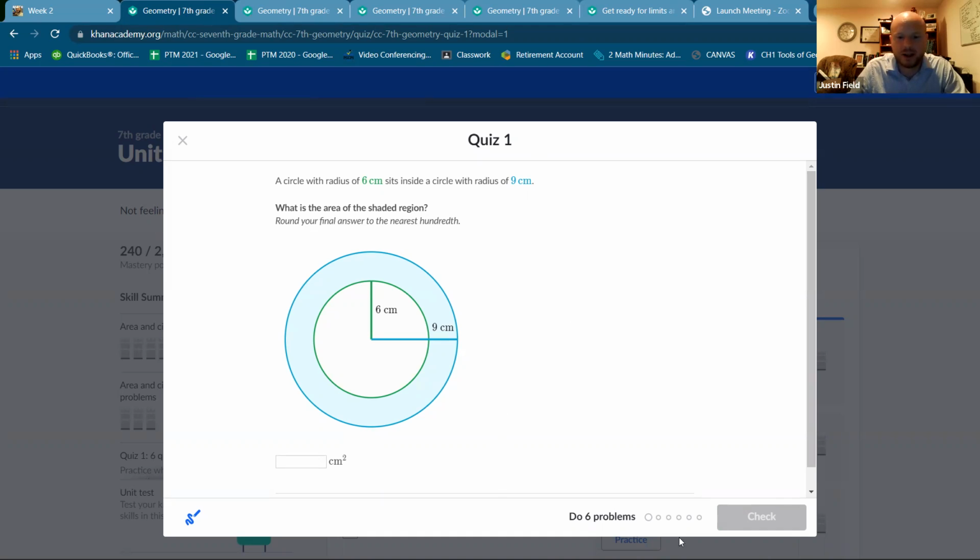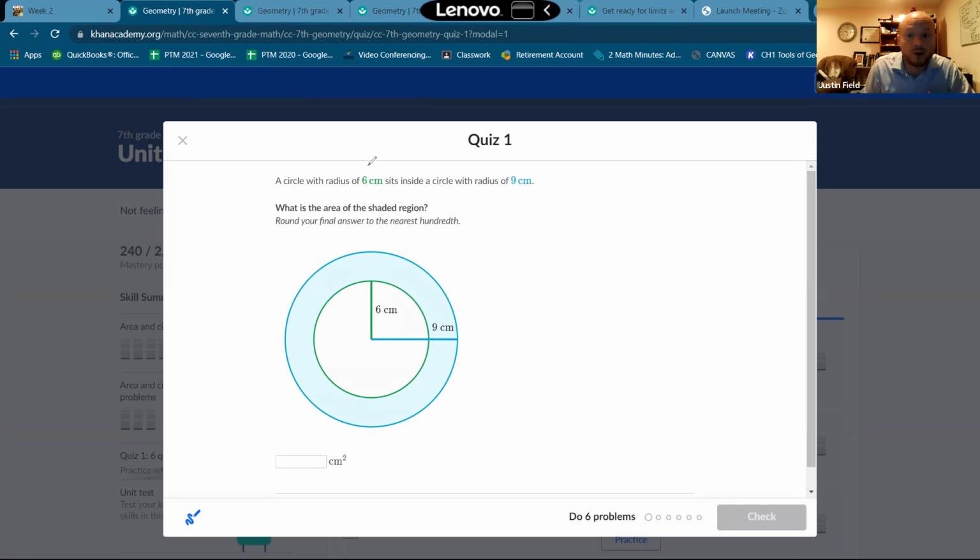So let's get started. The first thing is we have this circle. Actually, if you look at it this way, two circles, you may do better. We have the whole circle here, the red circle. You should know the area of a circle formula is pi r squared.